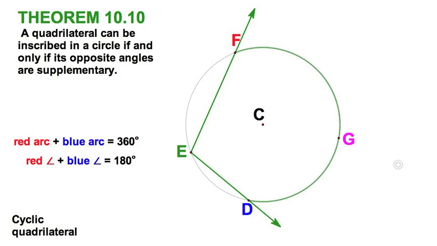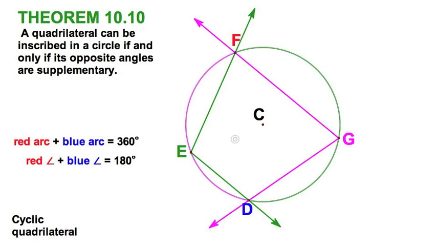From vertex E, I'll call this the green arc, intercepted by the green angle. The green angle is half the green arc, and the magenta arc is intercepted by the magenta angle, which is exactly one half of that.